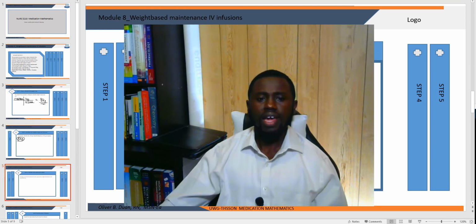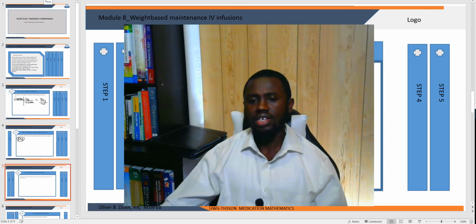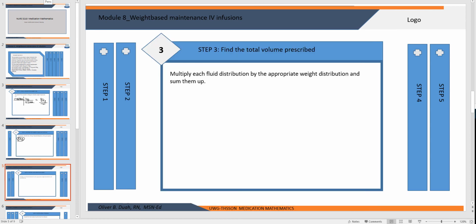Then the third step is to multiply each fluid distribution by the appropriate weight distribution and sum them up. We only have 8, and the question says for us to give 100 mL per kilogram for each kilogram up to 10 kilograms.